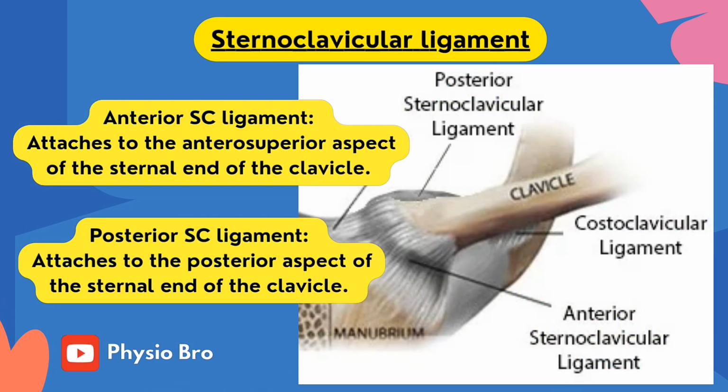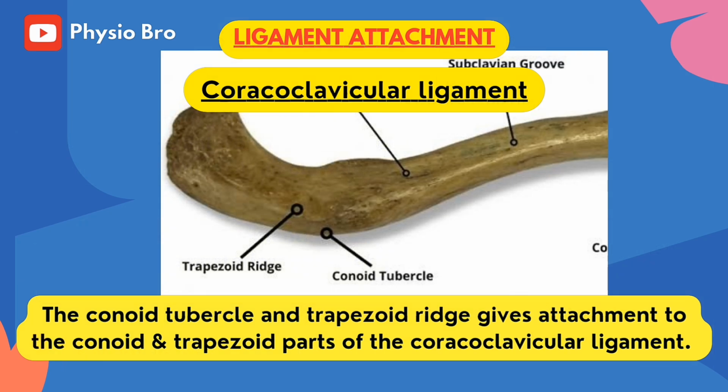Anterior sternoclavicular ligament attaches to the anterosuperior aspect of the sternal end of the clavicle. Posterior sternoclavicular ligament attaches to the posterior aspect of the sternal end of the clavicle. Coracoclavicular ligament. Conoid tubercle and trapezoid ridge give attachment to the conoid and trapezoid parts of the coracoclavicular ligament.